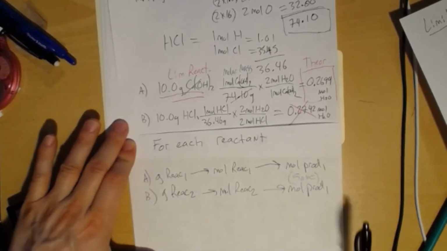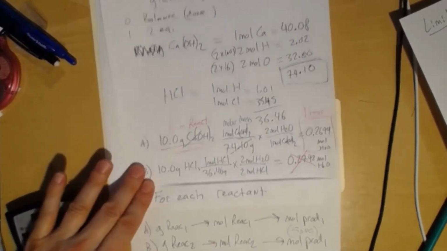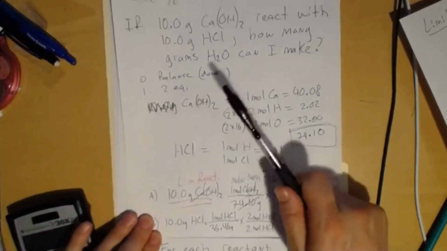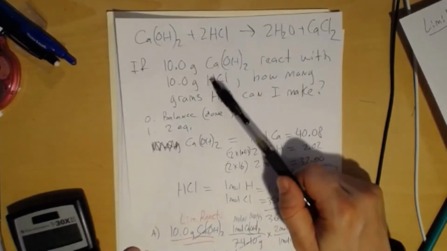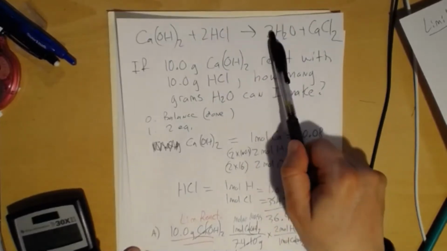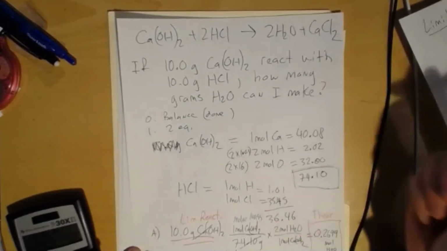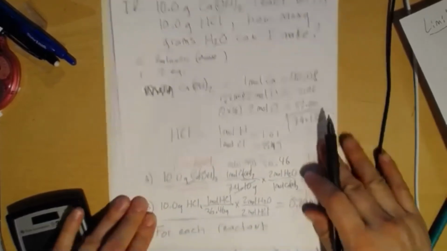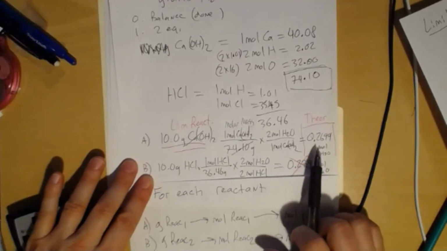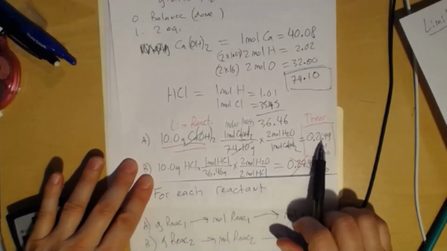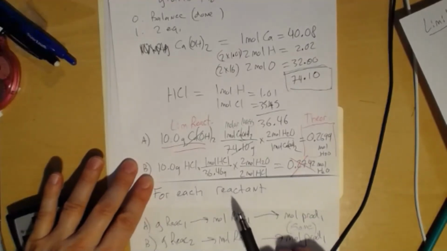So let's go back to the equation for a sec. If I had used the calcium hydroxide to calculate calcium chloride and used the HCl to calculate water, then I have 2 different things. I can't compare them. But what I did is I used both of them to calculate water. Then I could compare and say, aha, this one makes less water than that one. Yeah?